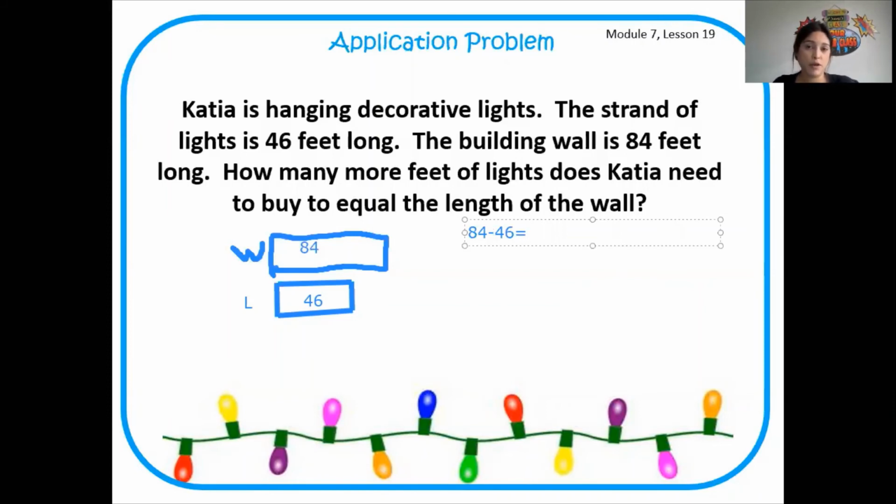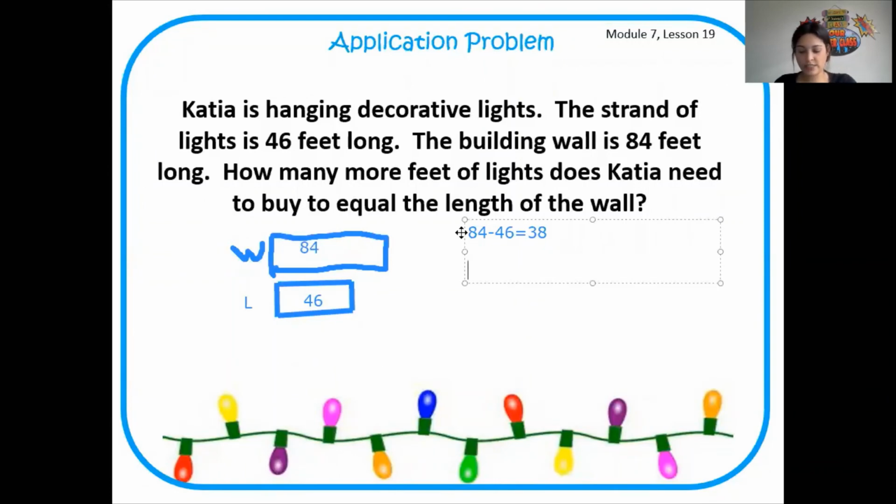So on this one, I want you to pause the video, solve the problem, see if you can do it, and then come back. So what did you get as the answer? 38, right? Very good. And then the word sentence, because remember we drew the picture, we wrote a number sentence.